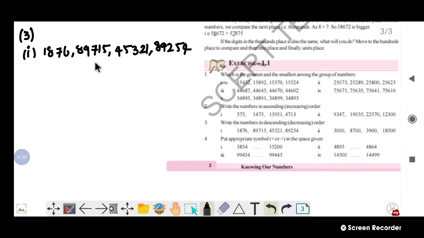Now in these three numbers, which is the biggest one? 89 is bigger, 45 is smaller, right? So no need to consider this one. 89715, 89254. So this is the biggest one. That's why first you can write that.